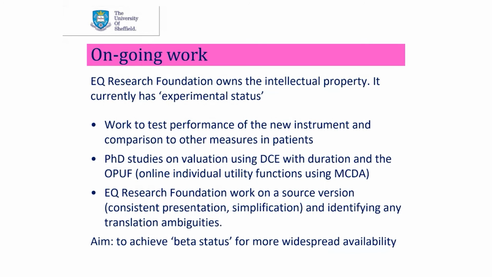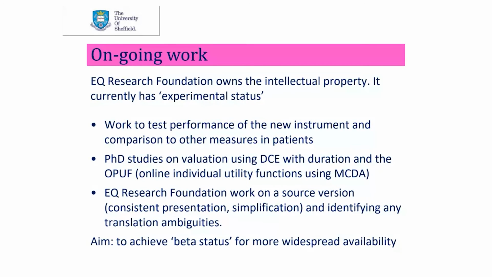So there's ongoing work. I won't go into any of this in great detail now. The main things are that there's further work testing the items, and further work looking at the valuation, and the Euroqol Research Foundation is working on a source version which is consistent and simplified, and has also smoothed out some of the ambiguities.